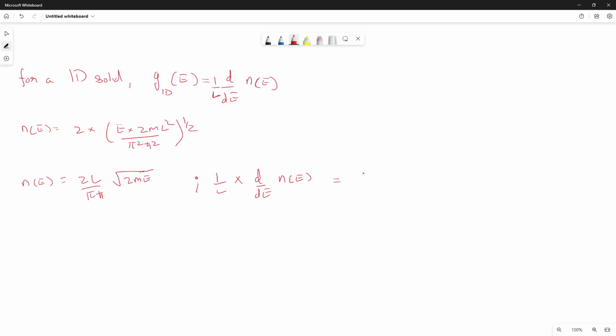Root over 2m... by pi h cross. What about the derivative part? You haven't taken the derivative. Oh, yes. Sorry, sir. No issues, no issues. Take it up.